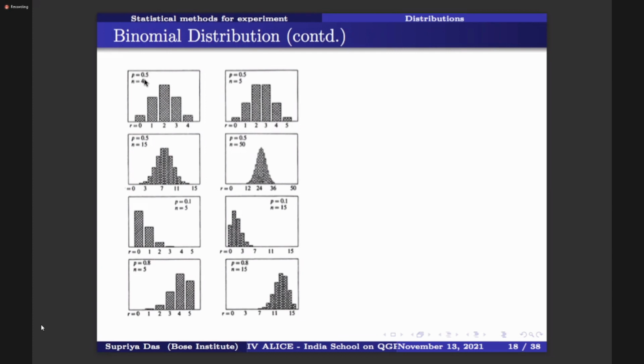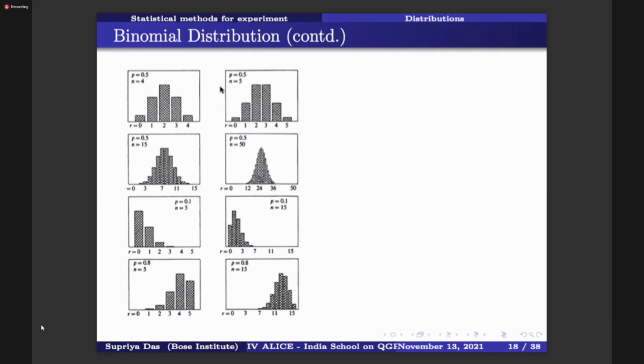So you have 4 trials, in the top left corner, with the probability of success 0.5. If it is so, then your distribution for 4 trials, you see the x-axis is 4, so you can have only 4 trials. If you have probability of success 0.5, you can have this distribution.